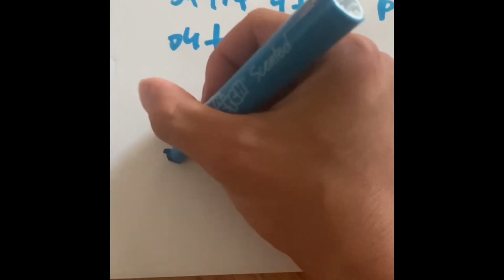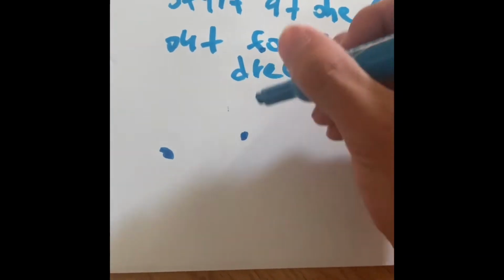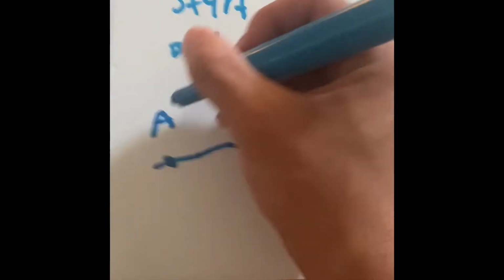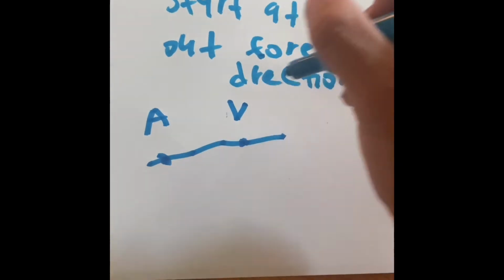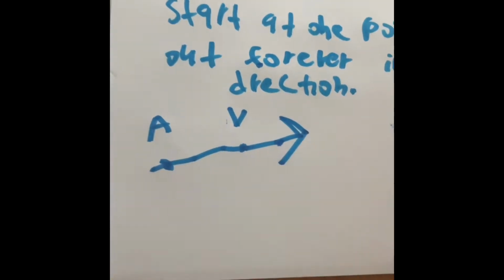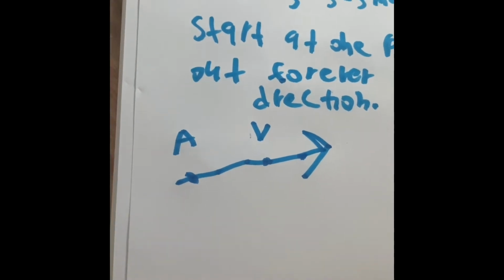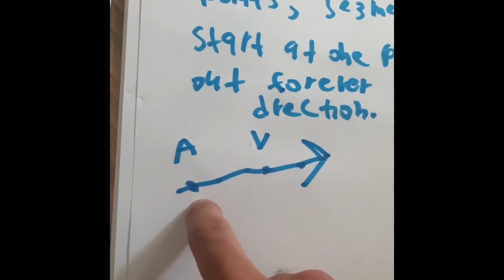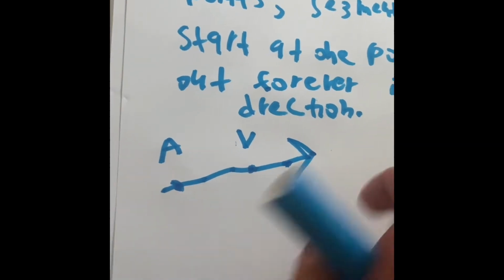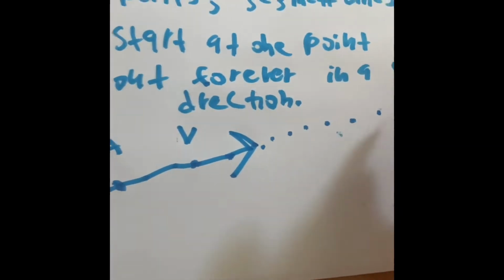We're going to put a point here and a point here, put a line through them and call them point A and point V. But the arrow is going in one direction. So basically, A is firing a laser at point V. It goes straight through point V, and it goes on forever and ever and ever.